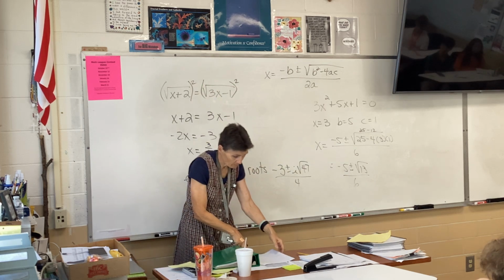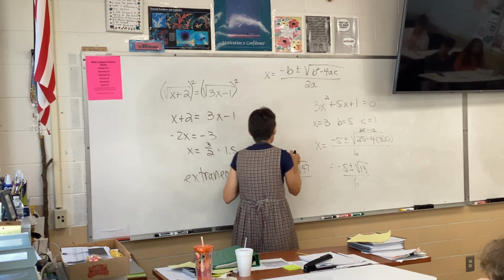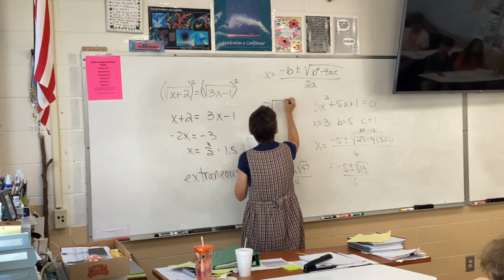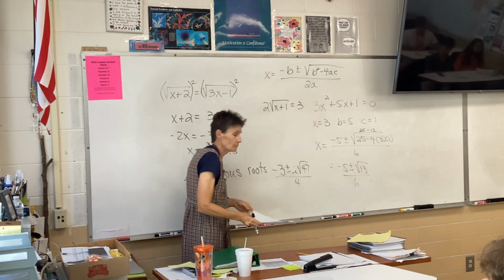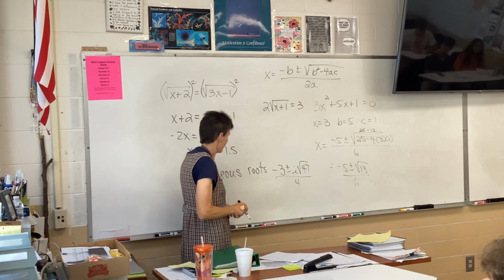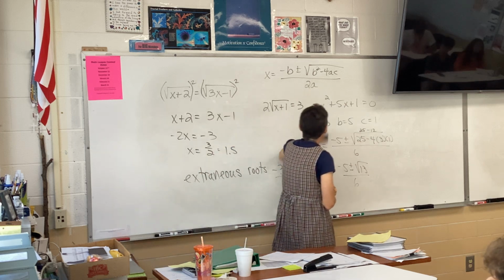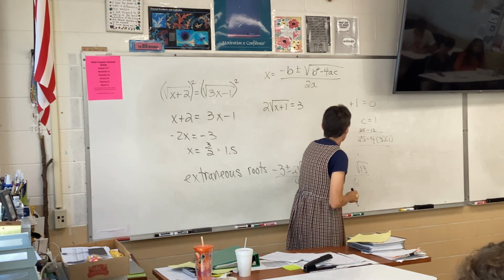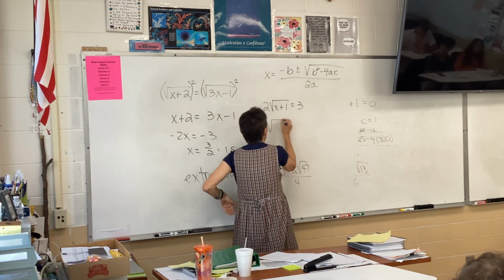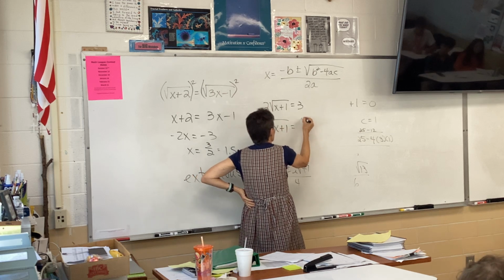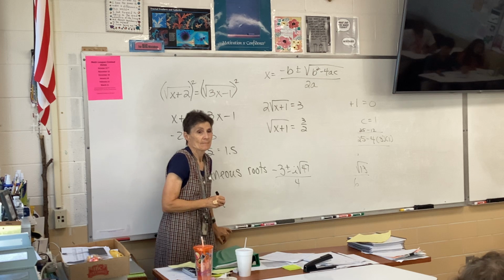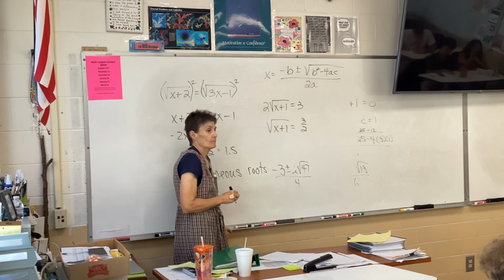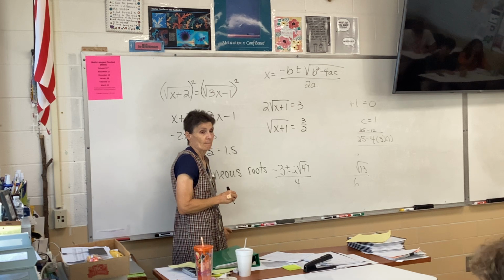All right, let's try another one. What do you think about this? Divide the 2. You absolutely can divide by 2. So the square root of x plus 1 equals 3 over 2. Now what?